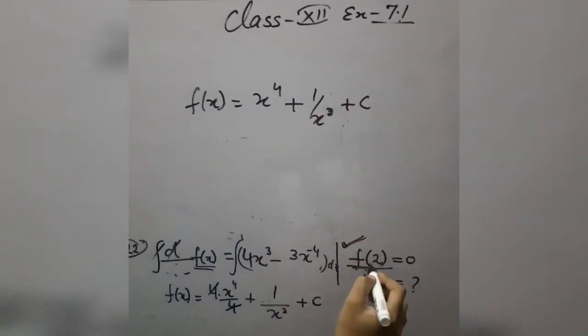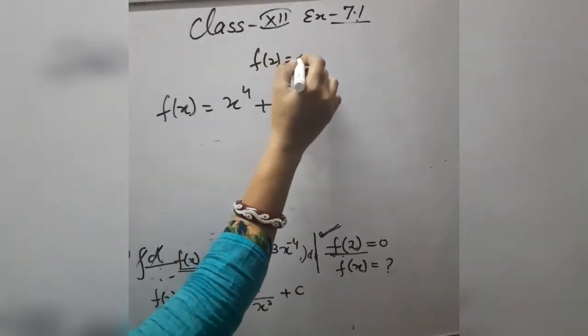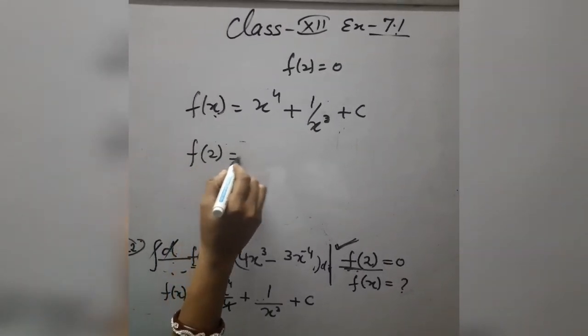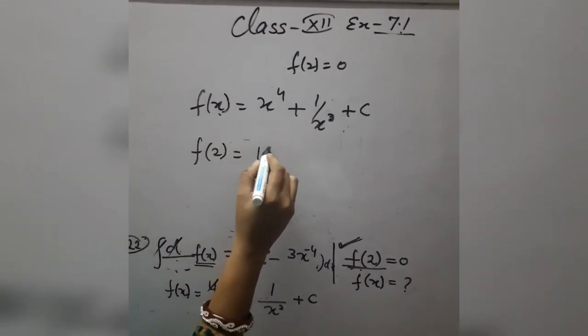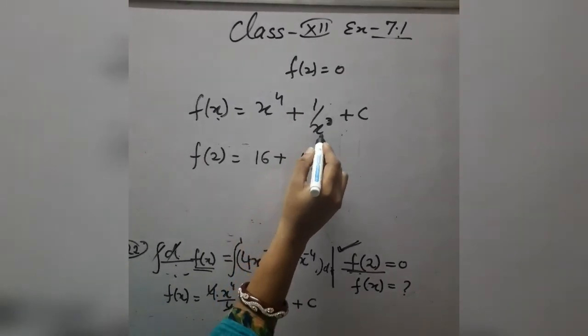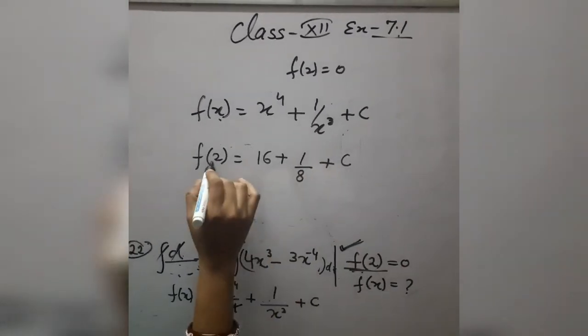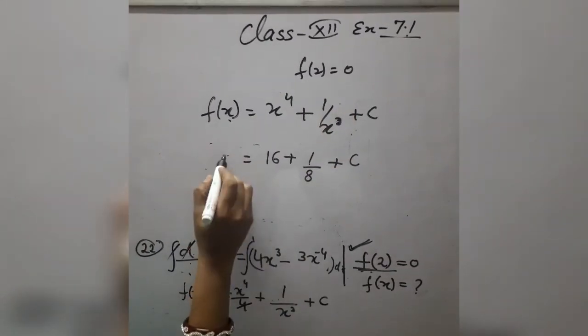Now we will use this term f of 2, which is equal to 0. F of 2 means the value of x is 2 here. If you put x is equal to 2 here, it becomes 16. Here if you put x is equal to 2, it becomes 1 by 8, plus integration constant c. And what is f of 2? 0. Put 0 here.